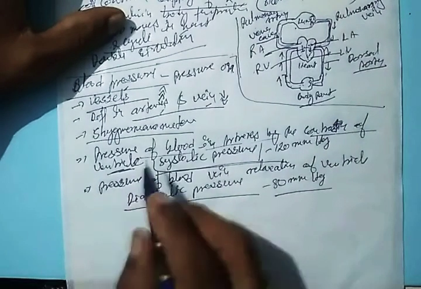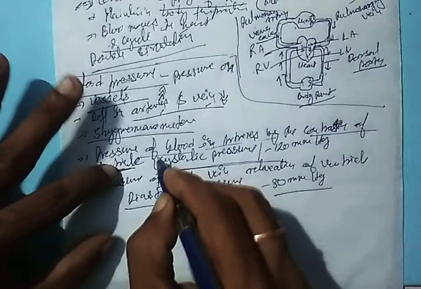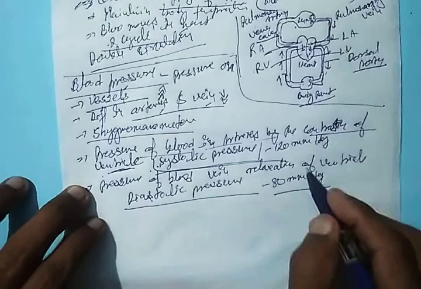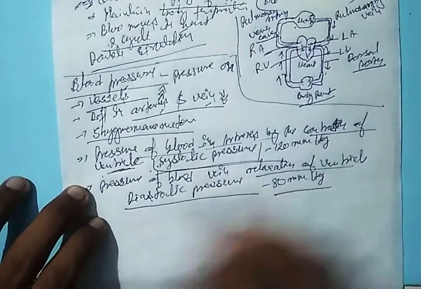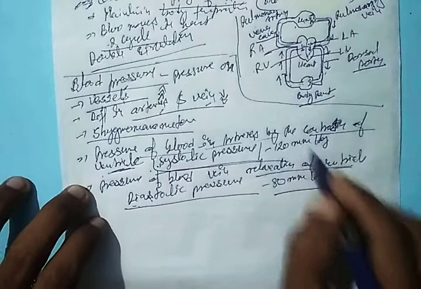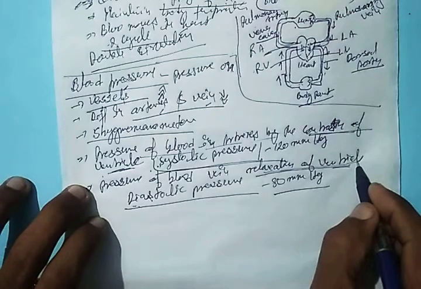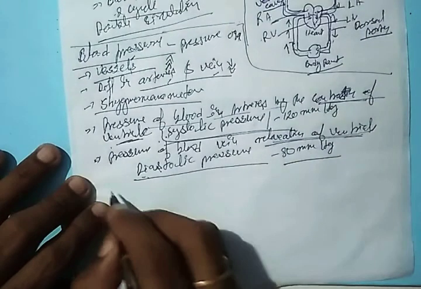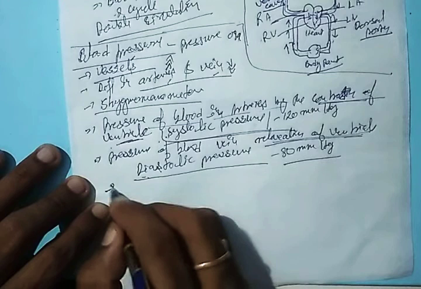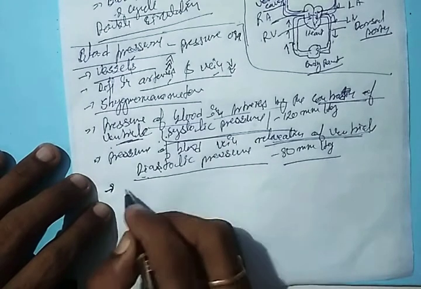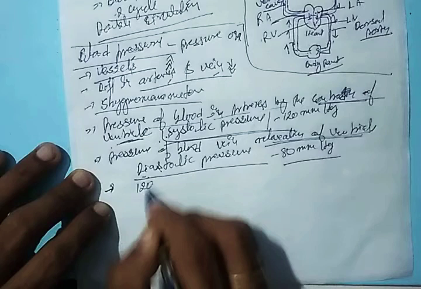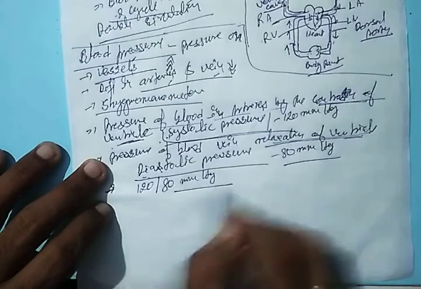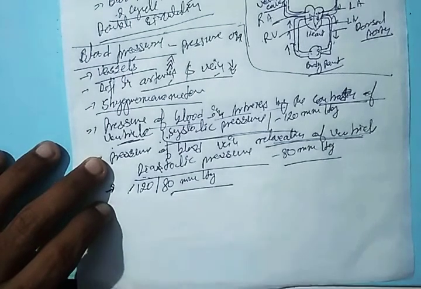Okay, it means the blood pressure is a combination of two different pressures: the pressure by the contraction of ventricle and by the relaxation of ventricle. So if I try to write, the normal blood pressure of a human is about 120 to 80 mmHg, meaning it is systolic pressure and it is diastolic pressure.